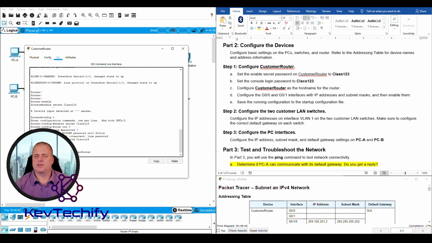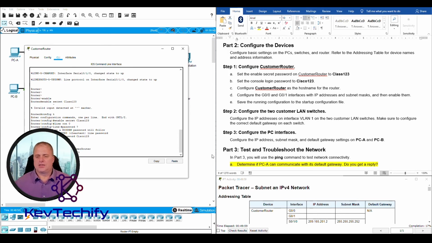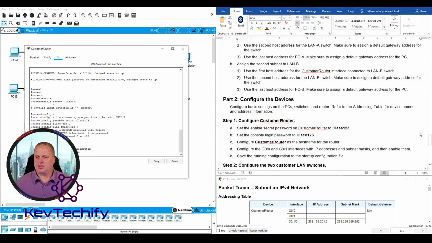Configure the G0/0 and the G0/1 interfaces with IP addresses, subnet mask, and then enable them. We are in global configuration mode, so we can go into interface G0/1, set the IP address.